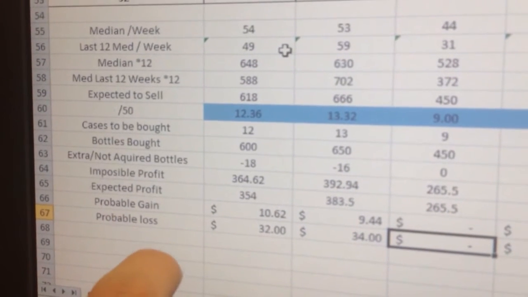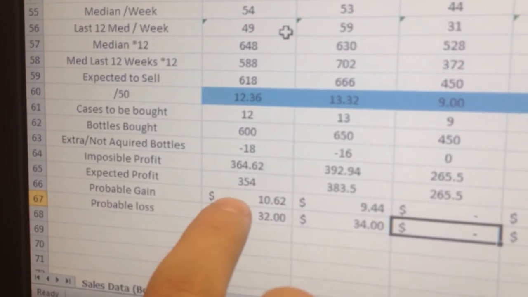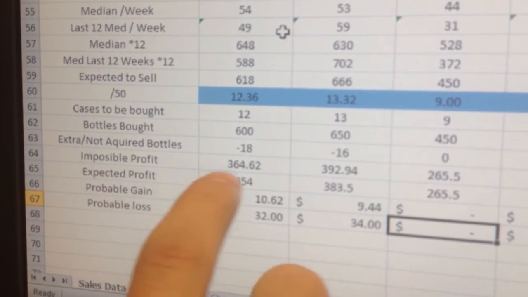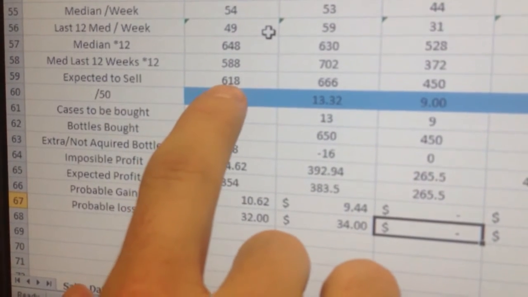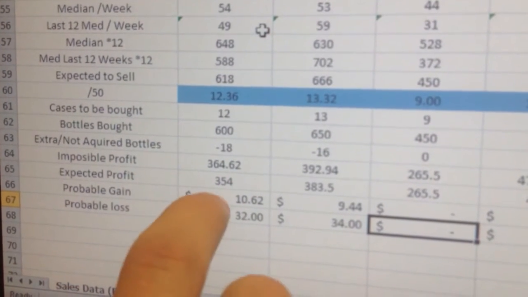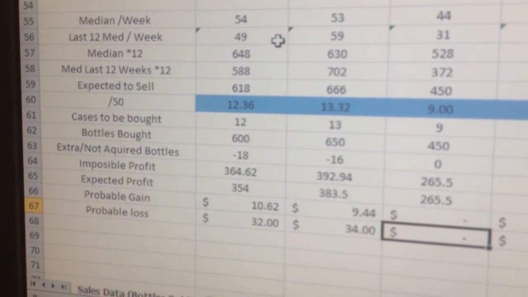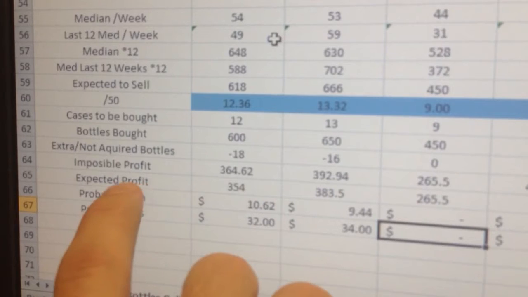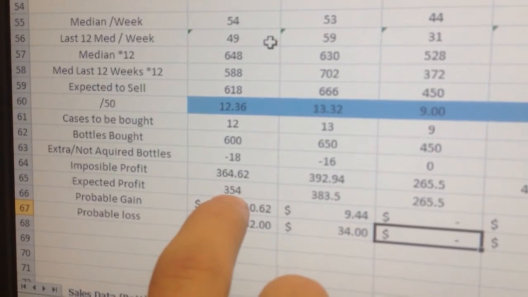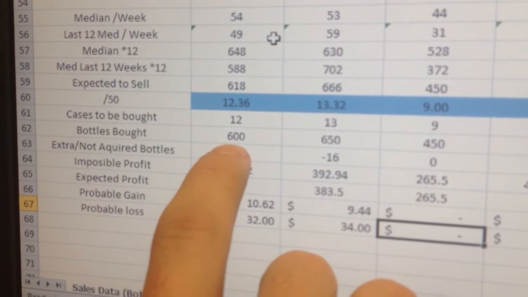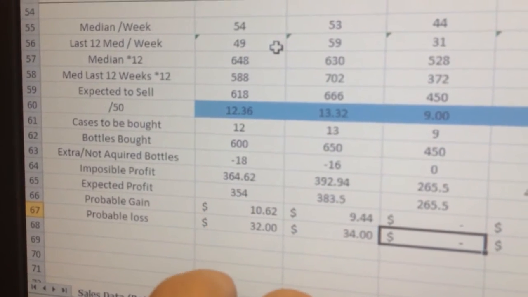The reason we found this out is because we did the math and what we call the impossible profit, which is if we could buy the perfect amount of bottles from our expect to sell, we could make 364 from this category of pop. Below that we have the expected profit, which is if we were to sell all 600 bottles, we would make this profit right here.